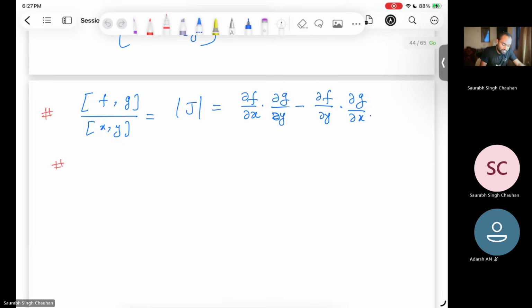There are a few properties of Jacobians. For example, if two variables are repeated, f comma g by x comma y, and if in place of y we keep g, what will happen?